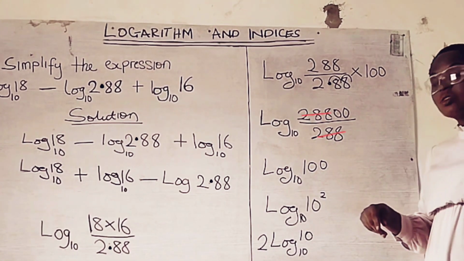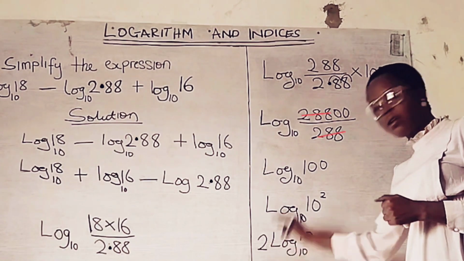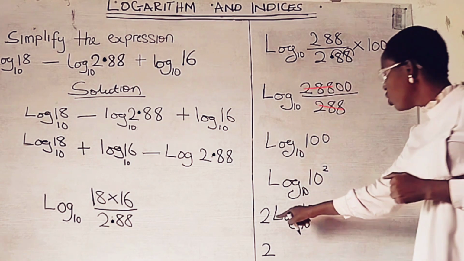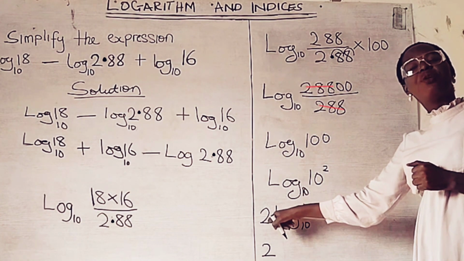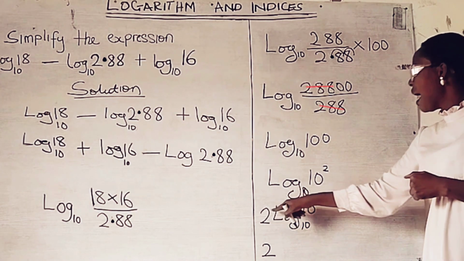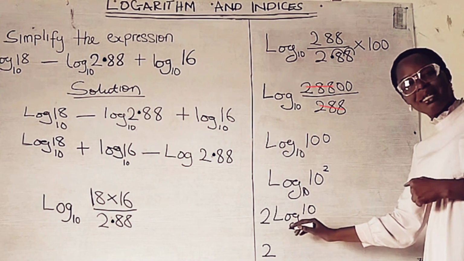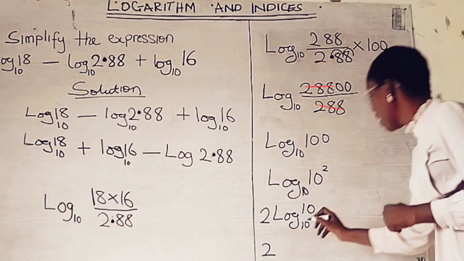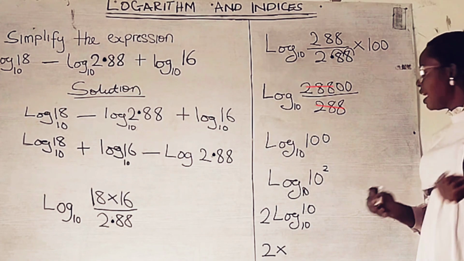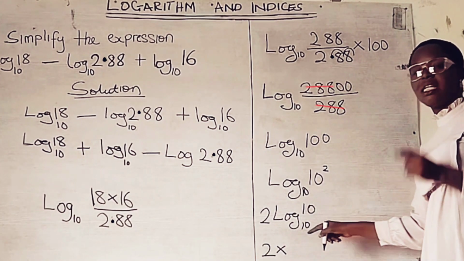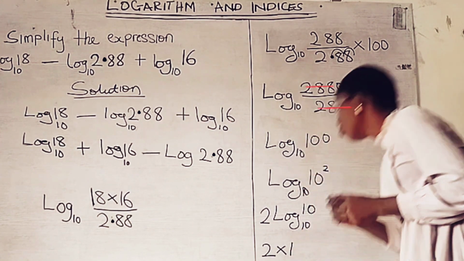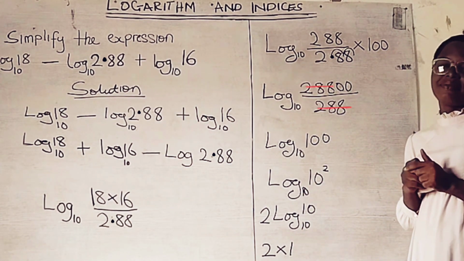That will make us have something like this. I'll first of all write this 2. There is always an invisible multiplication sign joining any number and letter in mathematics. So I'll make it visible now. I write times. As I said earlier, log 10 to base 10 is 1. So it should be times 1.